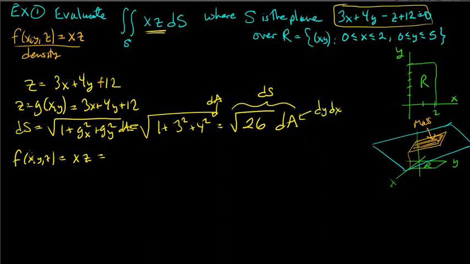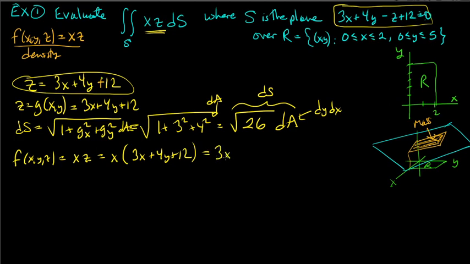There's no z, so we have to rewrite z in terms of x and y, and that's just the usual 3x plus 4y plus 12. That was how it was defined. So we're really going to integrate 3x squared plus 4xy plus 12x. This is our function of x and y, and of course it doesn't depend on z now, but it does depend on x and y.